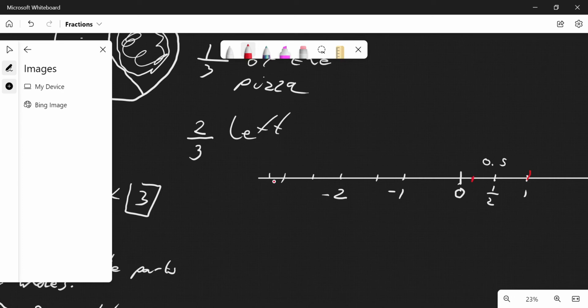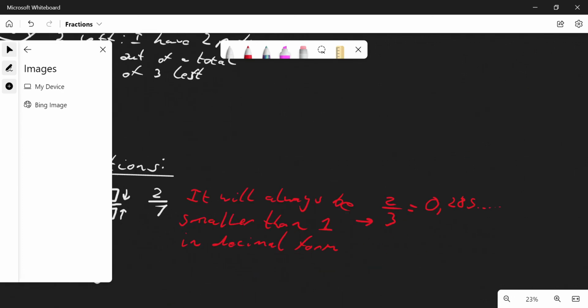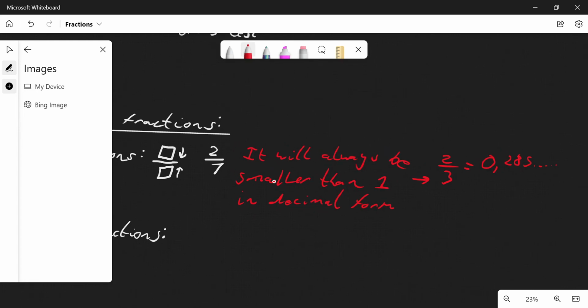All right, so any proper fraction, you can try this for any proper fraction you ever come across, will always be smaller than 1. Of course, you can also have proper fractions that are negative. So negative 2 over, why did I write 3 there? Ooh, so many errors. Okay, this is 2/7.